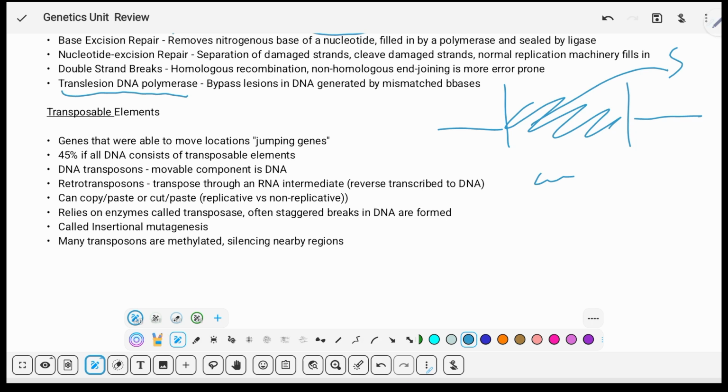It just depends. And it relies on an enzyme called transposase. Another fancy name for it is insertional mutagenesis. And sometimes they can cause silencing of other regions. I don't think you need to know that much about this, but do know that they exist. They are a thing, and they are pretty cool.